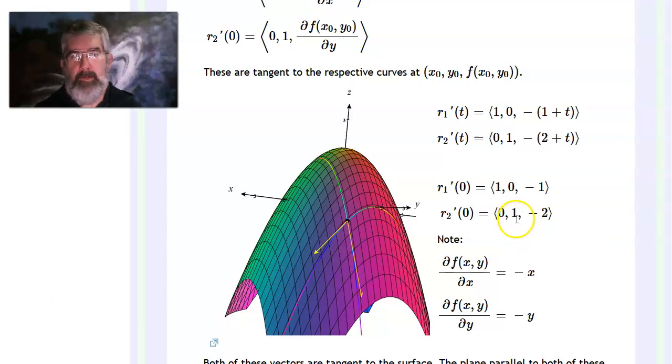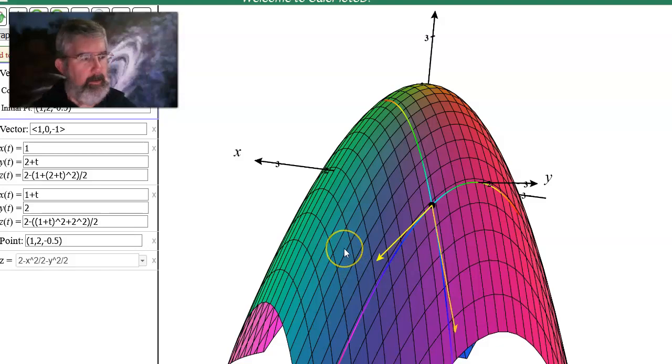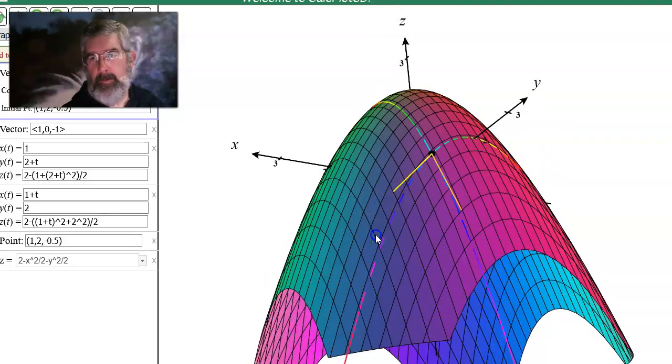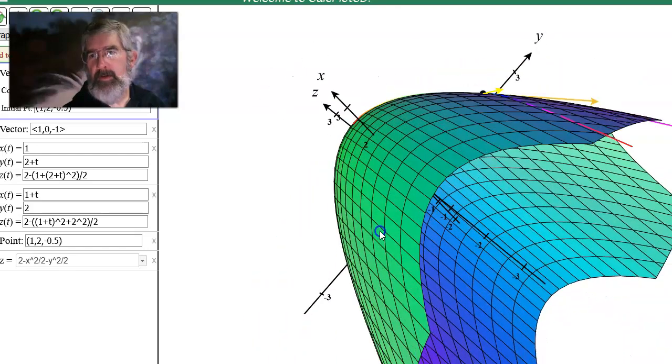So these two vectors are the vectors that are tangent. You can see them drawn here in yellow to both of the two curves. Now I can actually see this rotated around if I click on it here. So you can see that each of those vectors is a tangent vector to the curve.